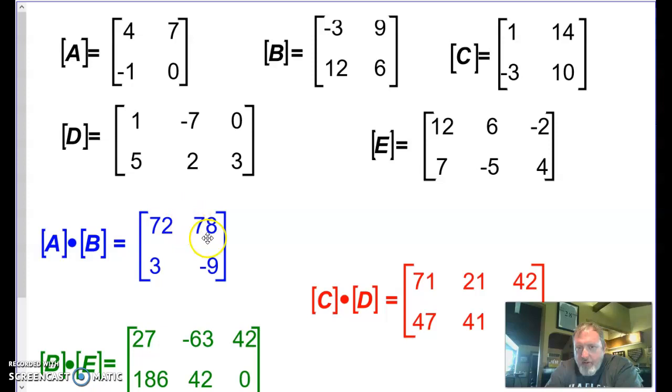Add them together, 78. -1 times -3 is 3. 0 times 12 is 0, so 3. -1 times 9, -9 plus 0. There you go.